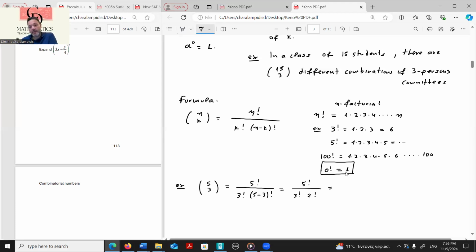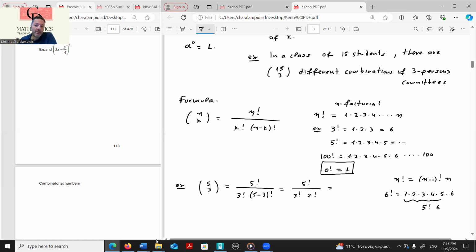Instead of expanding them, I can apply a property. N factorial is the same as n minus 1 factorial times n. If you don't get that, look at an example. 6 factorial can be written as 1 times 2 times 3 times 4 times 5 times 6, but I can group the product of 1 times 2 times 3 times 4 times 5 into 5 factorial, and I can have it written like that.